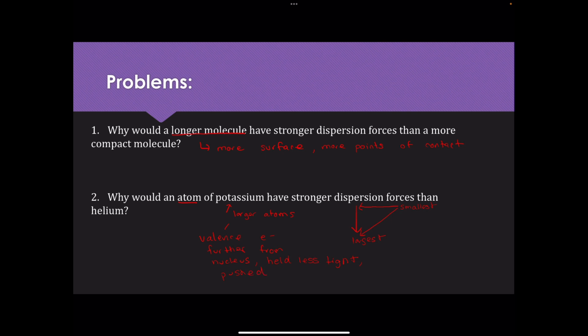And remember that strength is based on polarizability. How easily can we push those electrons around to induce those dipoles? If potassium is not holding its electrons very well, it's going to push them easily. We're going to get that induced dipole more easily, and therefore we're going to have that better likelihood of forming forces, and they're going to be stronger because the electrons can stay in that configuration.